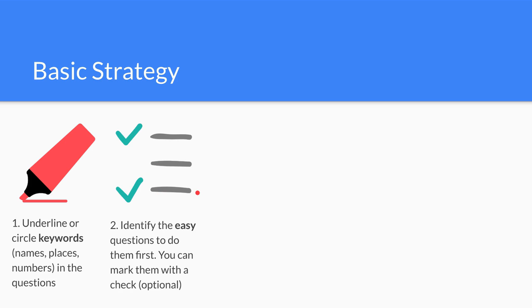And number 3 is also easy, so you might put another check there. So now you know that you have to answer number 1 and number 3 first. So once you solve those easy ones, then it'll be much easier for you to go back and locate the difficult ones. So always do the easy questions first in any given question set.